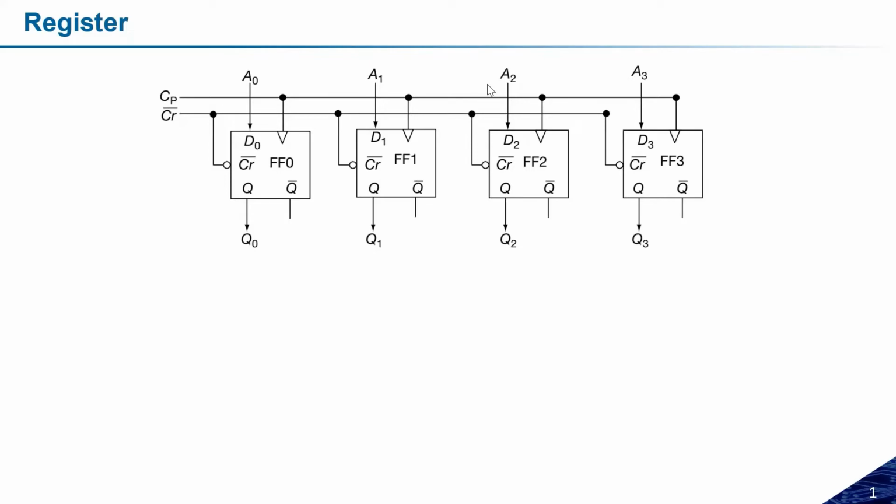That can be done with the help of JK and T flip-flop. So the clear-cut difference between these four flip-flops is that JK and T flip-flops can be used for counter designing, and RS and D flip-flops can be used for register designing.